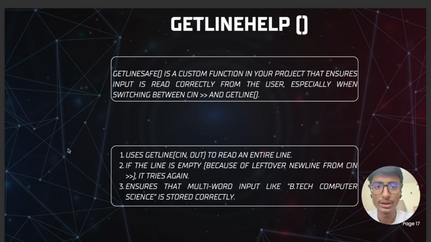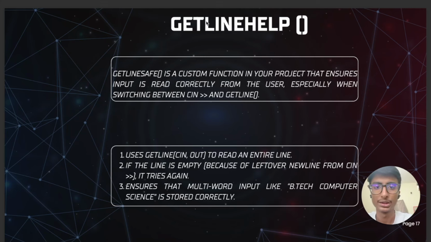Because of this difference, if we use them together, sometimes getLine reads an empty string due to leftover newline characters in the input buffer. To solve this, I wrote a custom helper function called getLineSafe. Its job is to ensure that the user's input is read correctly even if a newline is left behind. I will show you in the code where I use this getLineHelp function.